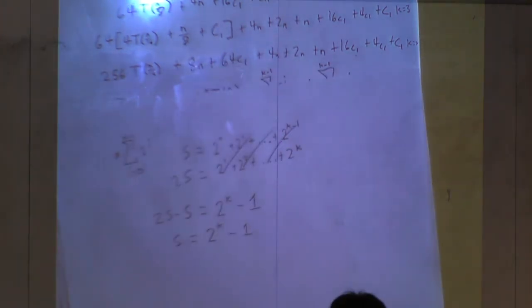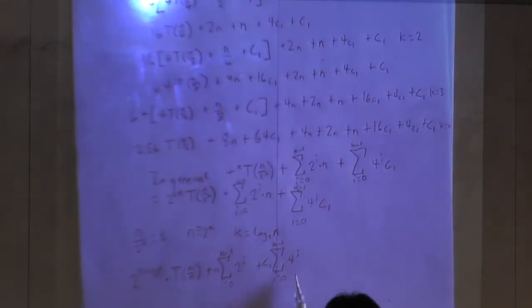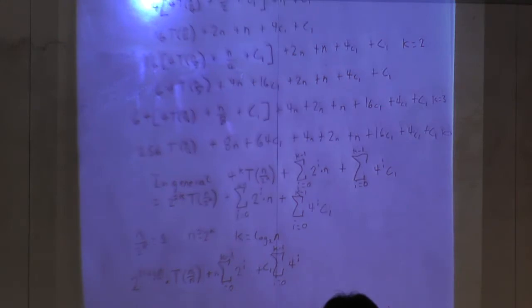Now, the other summation that we had over here, this 4 to the i, is essentially going to work out to be the same thing, except it'll be 4 to the k minus 1, because the process will be exactly the same. So we're going to skip doing that.